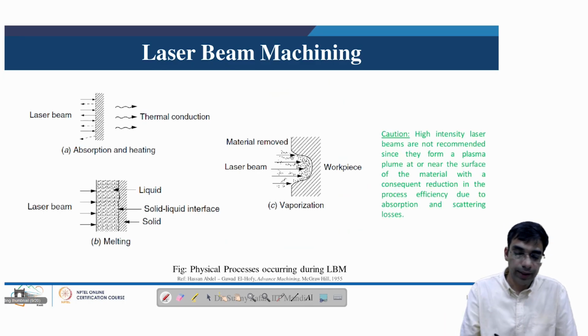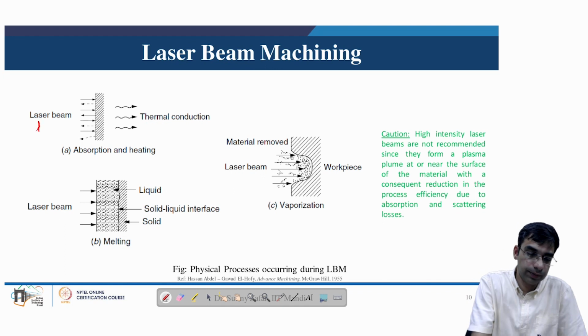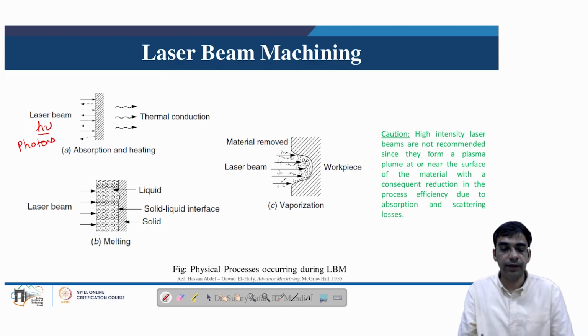Next we understand the physical processes which are occurring once the laser beam is interacting with the surface of the workpiece, which is of course the gas turbine blade in this case. Laser is basically nothing but these photons, h nu, traveling at a very high speed.